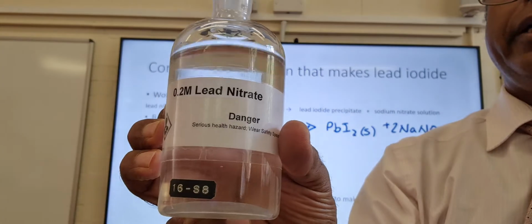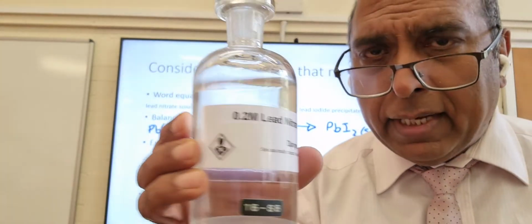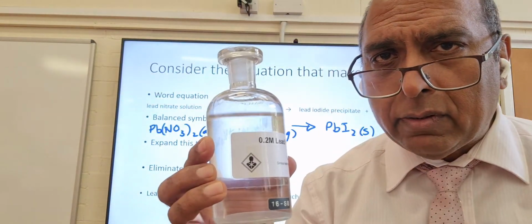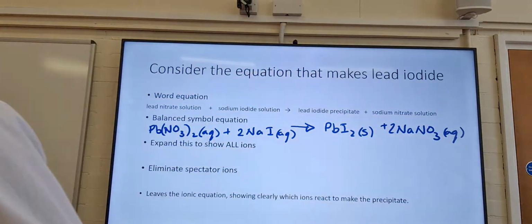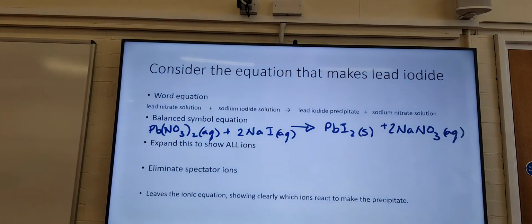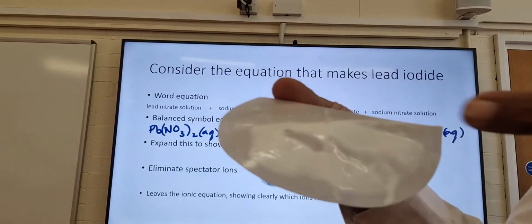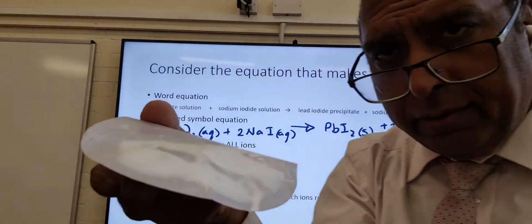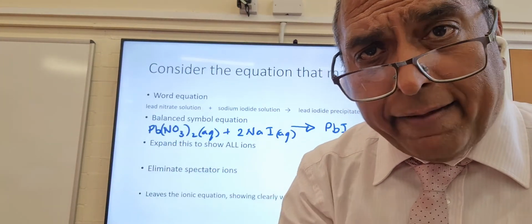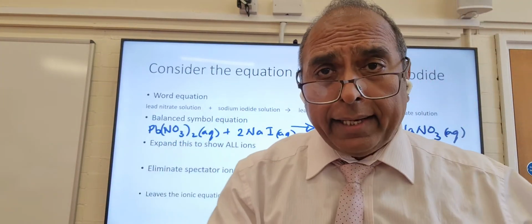lead nitrate solution, then the ions are separate. When you have the barium sulfate salt on your filter paper as a residue, the ions are together. They alternate in the solid.